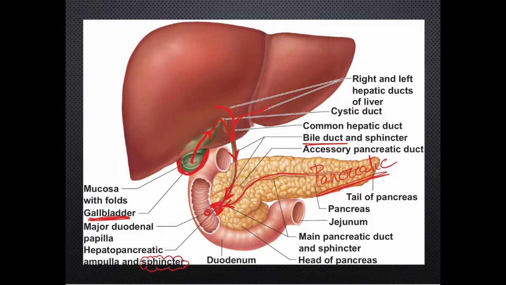So again, the pathway on here and how the pancreas and liver are going to be related to the duodenum. Right and left hepatic ducts will be conducting the bile to the common hepatic duct. Common hepatic duct will conduct the bile to the gallbladder.